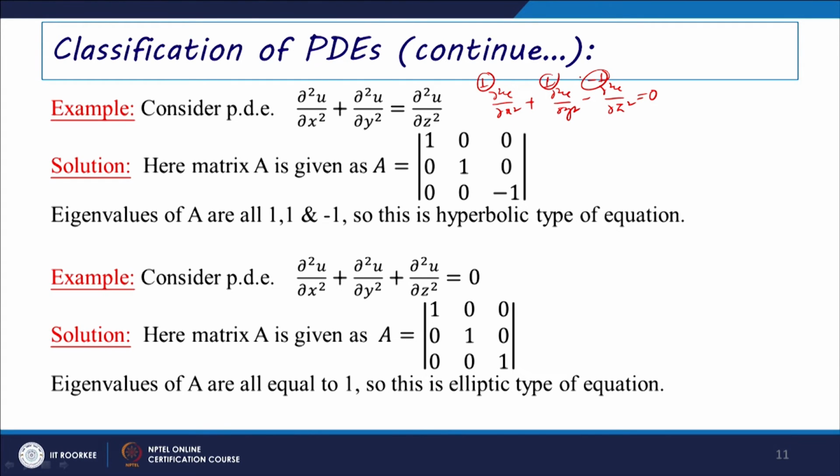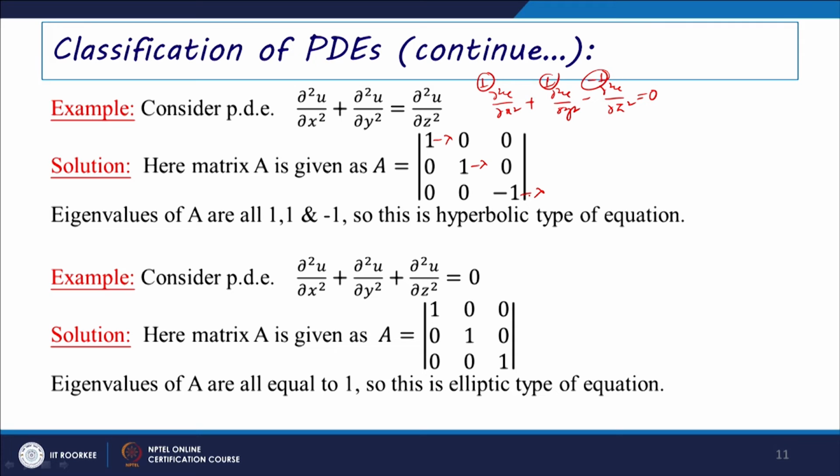If we take these coefficients in a matrix form, then this matrix can be written with the uxx coefficient 1, the uyy coefficient 1 and the uzz coefficient −1. If we go for the eigenvalues, we can write A − λI, that is nothing but 1 − λ, 1 − λ, −1 − λ.